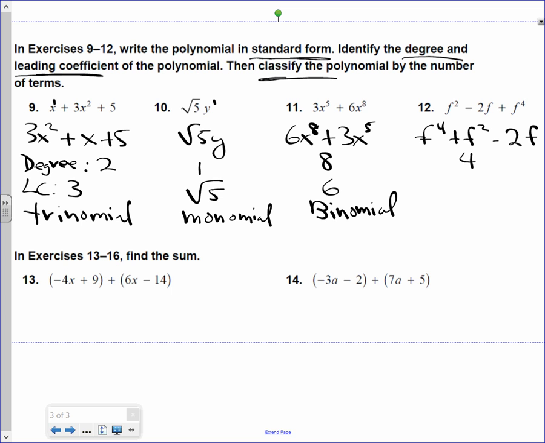What would be the leading coefficient? Nice. The coefficient of f to the 4th, the number in front of f is always a 1. If there's nothing written there, it's always understood to be 1. So the leading coefficient is 1. Trinomial. We're rocking and rolling. Last 2 examples are done for now.